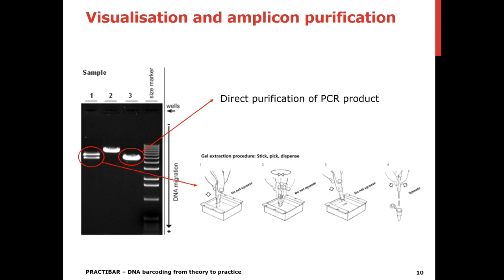But if you have multiple bands, like you see here, it's important to gel purify both those amplicons from the gel and sequence them separately, because those have different sequences, and if you sequence them directly, you get multiple peaks at the same position.